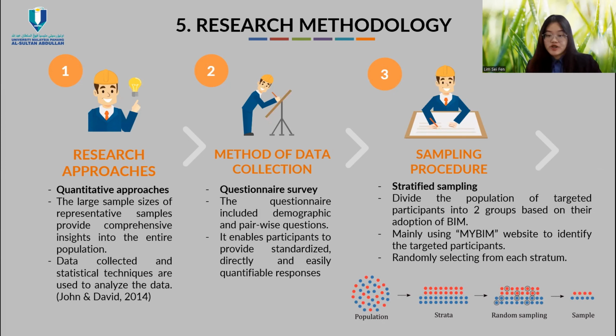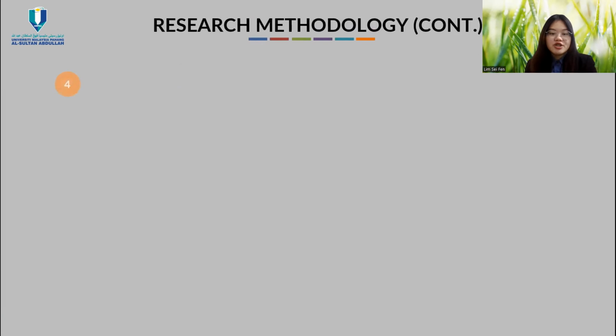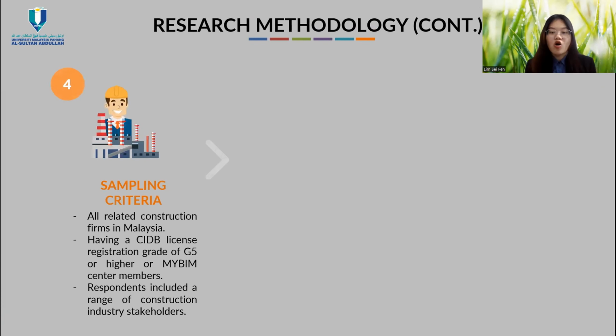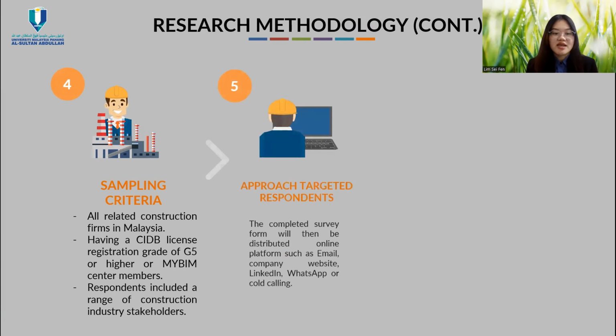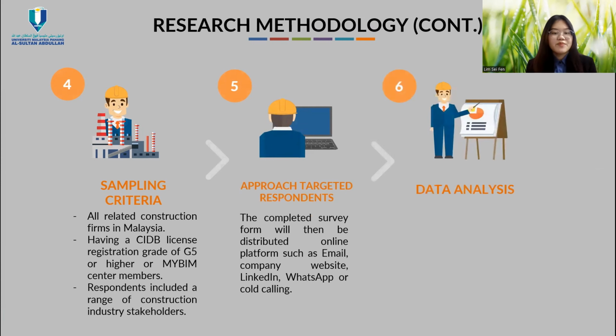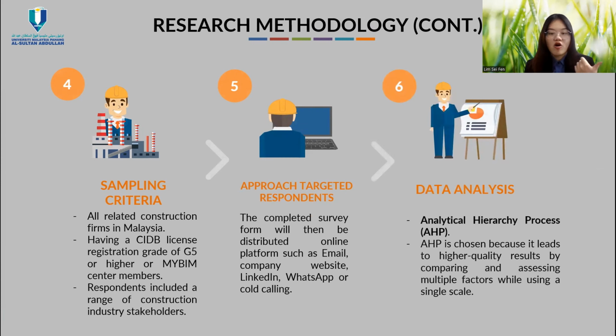This sampling approach ensures that each company within each group has an equal opportunity to be included in the sample as well. The target population for the survey include all construction firms operating in Malaysia with either a CIDB license registration grade of G5 or higher or a MyBIM Centre member. Hence, it has targeted 74 participants involved in this research.